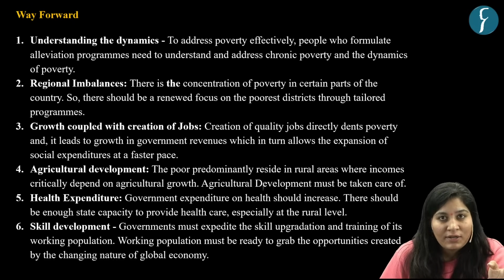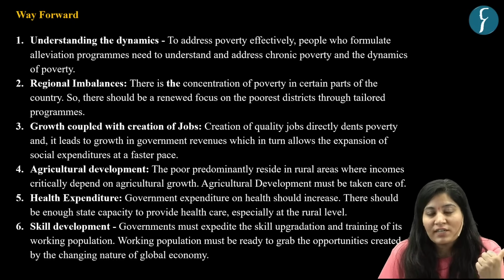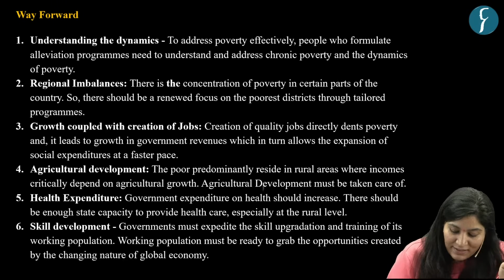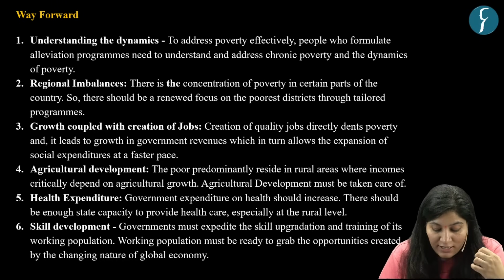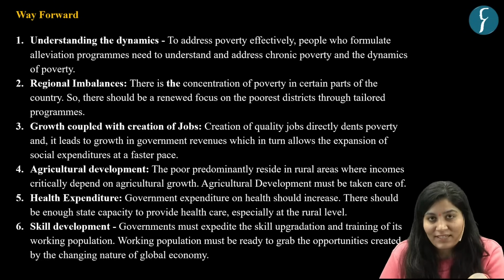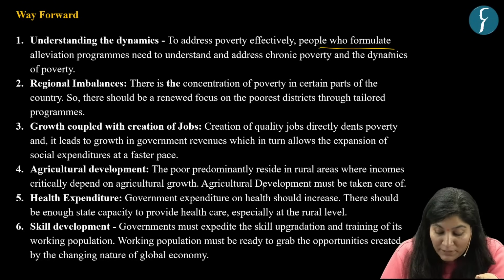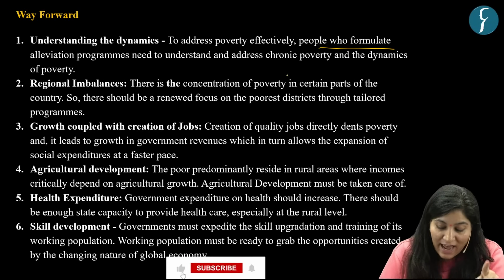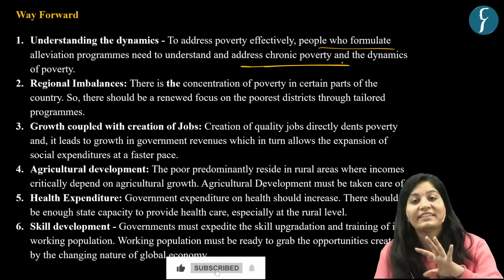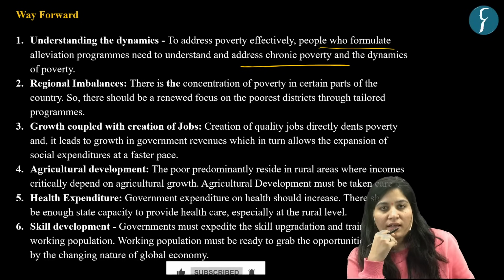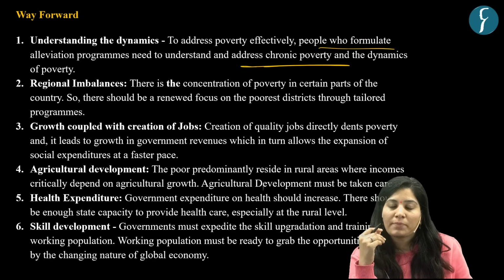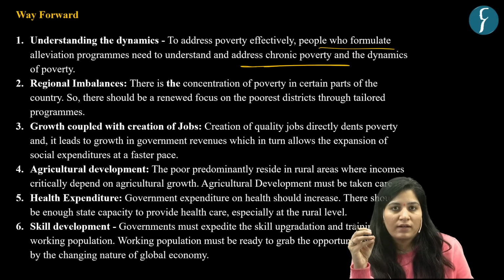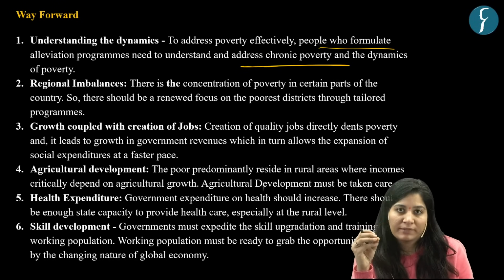First, as I told you, we need to have a target based approach. For that, it is very important to address poverty effectively. People who formulate elevation programs need to understand and address chronic poverty and the dynamics of poverty. According to the socio-economic census, agricultural labor is the largest section under the clutches of poverty.